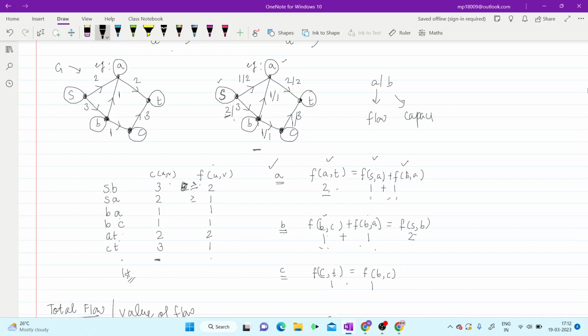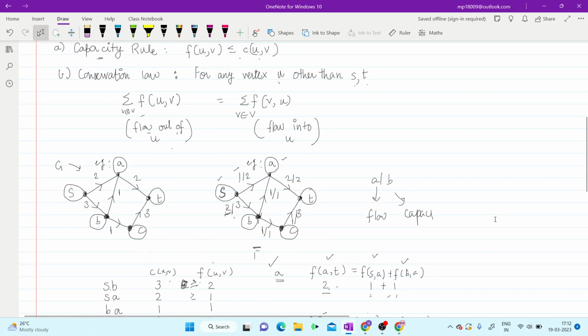This is the source vertex, so we compute the flow going out of S. This is 1 plus 2, which is 3. So the total value of flow for this flow is 3. And if we compute it using the sink vertex, it also comes out to be 3, because there are two edges coming into T, namely AT and CT, and if we add them up, they come out to be 3. So this is the total value of flow.